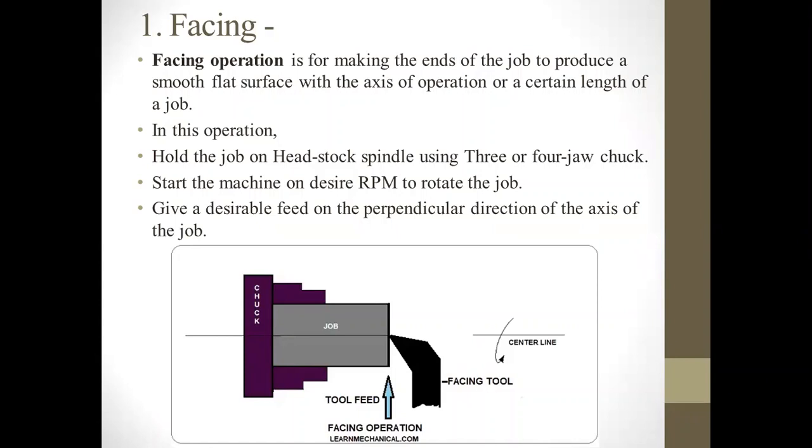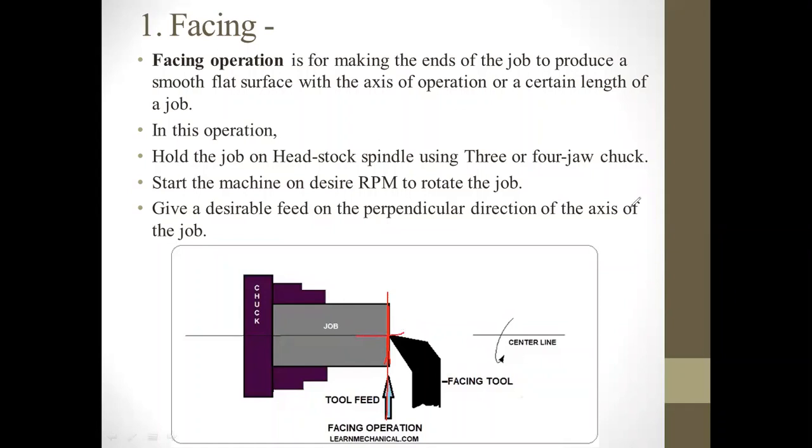The job is held or fixed in the chuck, and feed is given to the tool, and material will be removed from the face of the job. In this facing operation, the tool feed is perpendicular to the axis of the job.